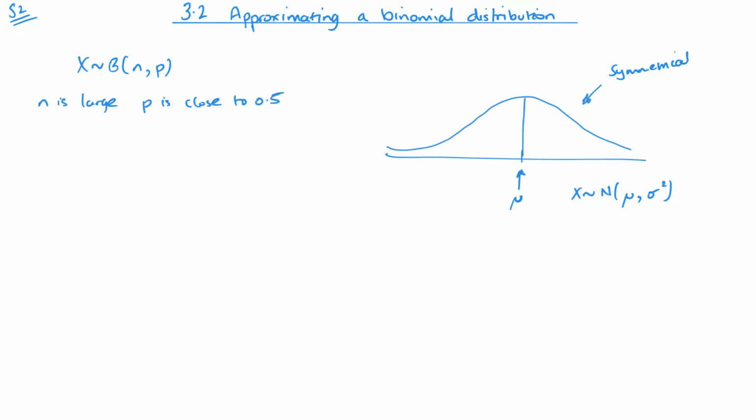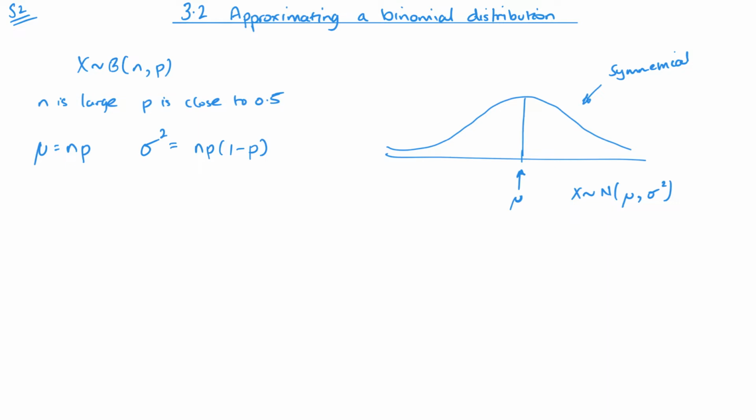Now to find the mean, that's going to be n times p, and to find the variance, that'll be np(1 minus p). Obviously these we're already aware of, especially as we were going through them in the last video.